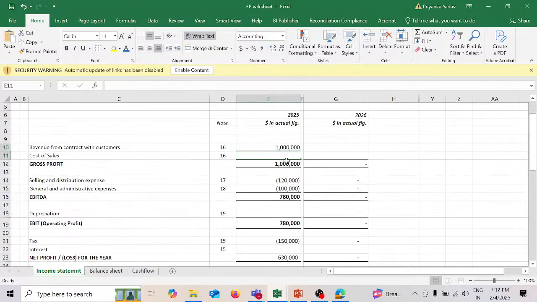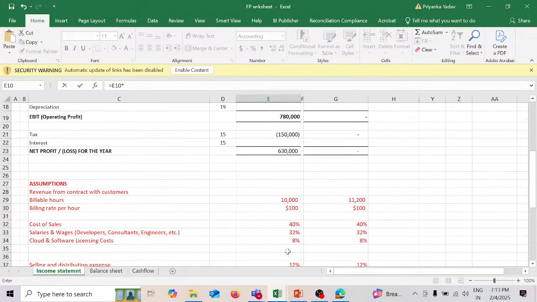Okay, now let's see cost of sales. This is the rate of cost of sales, a percentage, multiplied with the revenue. So this is your revenue multiplied with your assumptions, the rate of cost of sales.